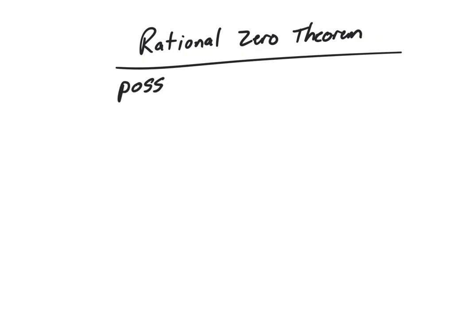And what this does is it gives me all possible rational zeros. But the reason why it's not as beneficial as it once was is because your list of possibilities might be like 12 different possibilities long, but maybe there's only 2 actual rational zeros.